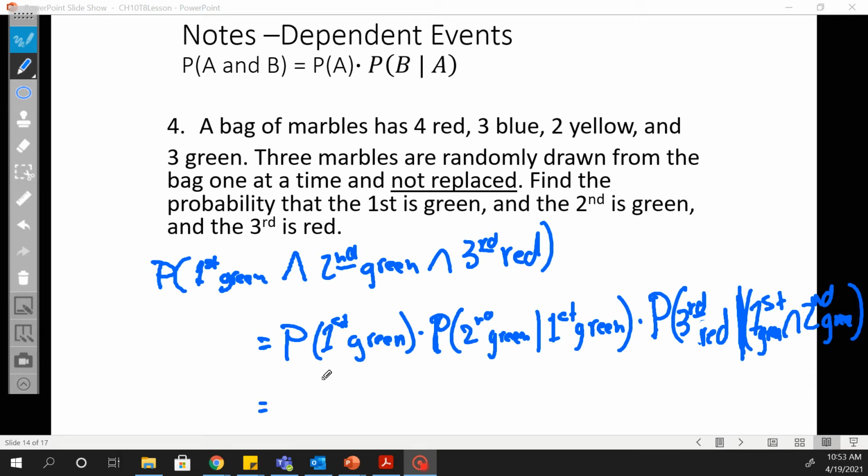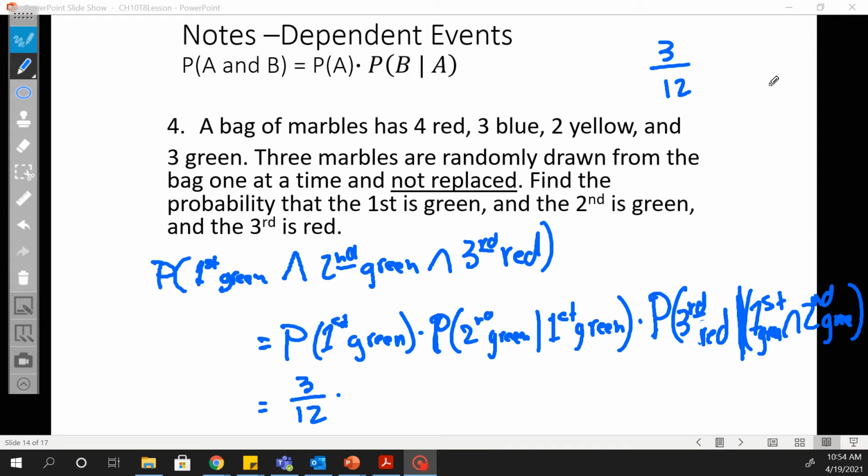So the probability of the first one being green is 3 over 12, times the probability of the second one being green given that the first one is green.